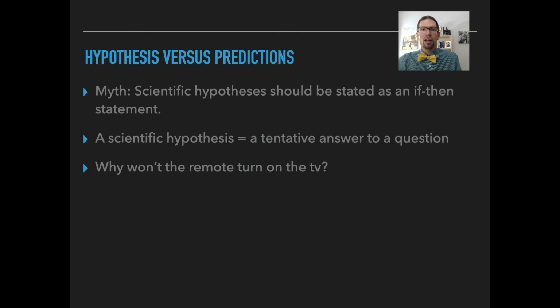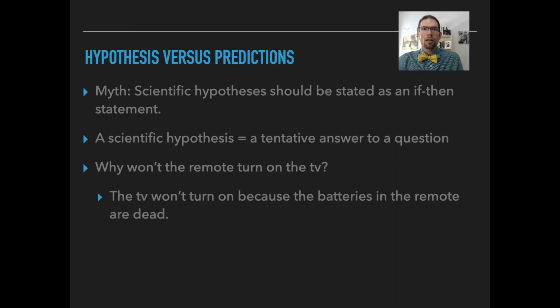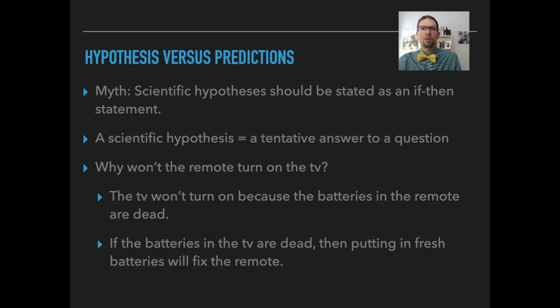All those would be valid hypotheses as long as you used observations to come up with them. And so then your hypothesis, we're going to go with the batteries in the remote one. So the TV won't turn on because the batteries in the remote are dead is your hypothesis. But a prediction that comes from that hypothesis would be, if the batteries in the remote are dead, then putting in fresh batteries will fix the remote and you will be able to turn on your TV.